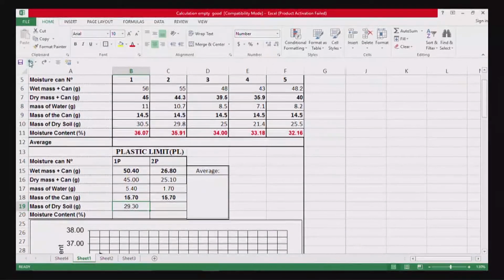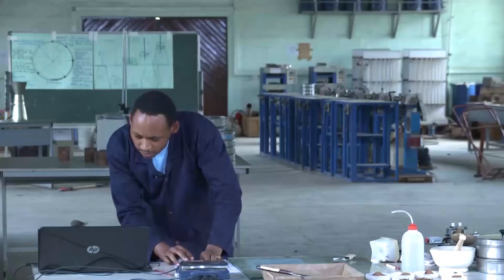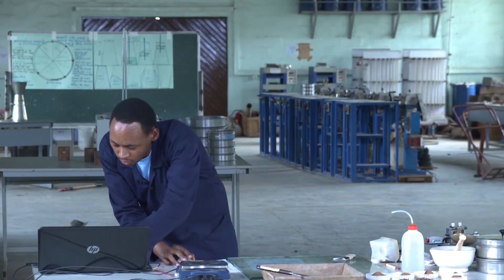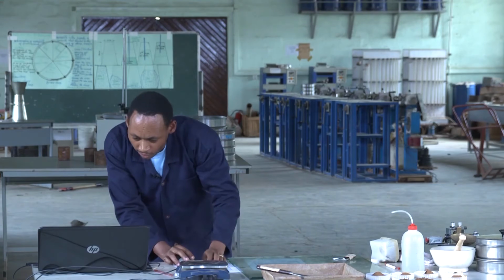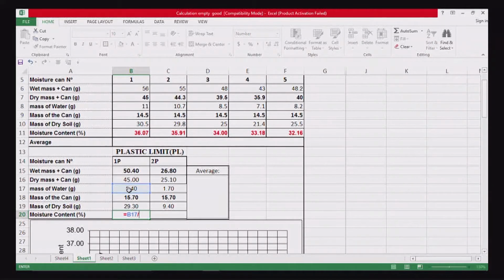The formula is the same. Then the moisture content equals mass of water divided by mass of dry soil times 100.